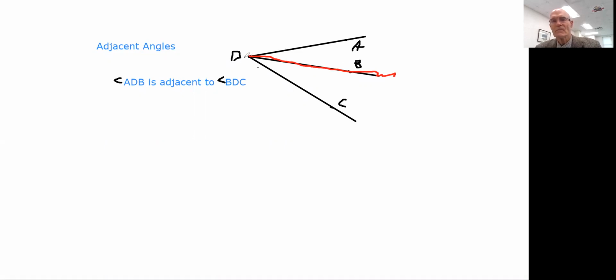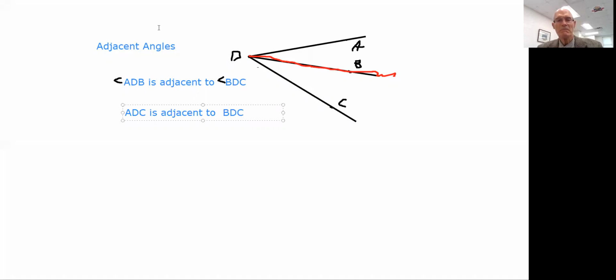So you can have something that looks like that, or if we go back and look at a different situation, you could say that angle ADC is adjacent to angle BDC.